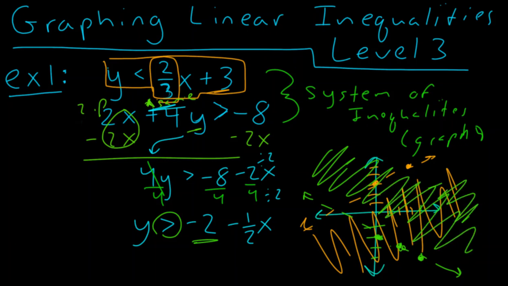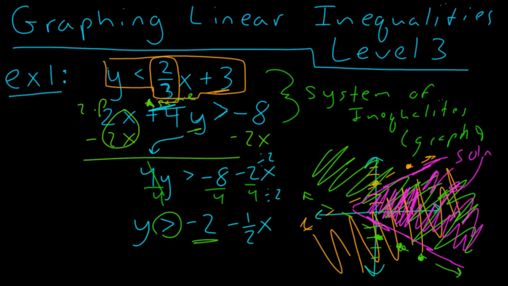And you'll notice that we actually have a double shaded region. Now, I want to switch colors here, and I really want to emphasize the double shaded region. Looking at this, can you see where both of our green and our orange shading overlap? They overlap in this region to the right, and it's actually here that we'd find all of our solutions to the inequalities.